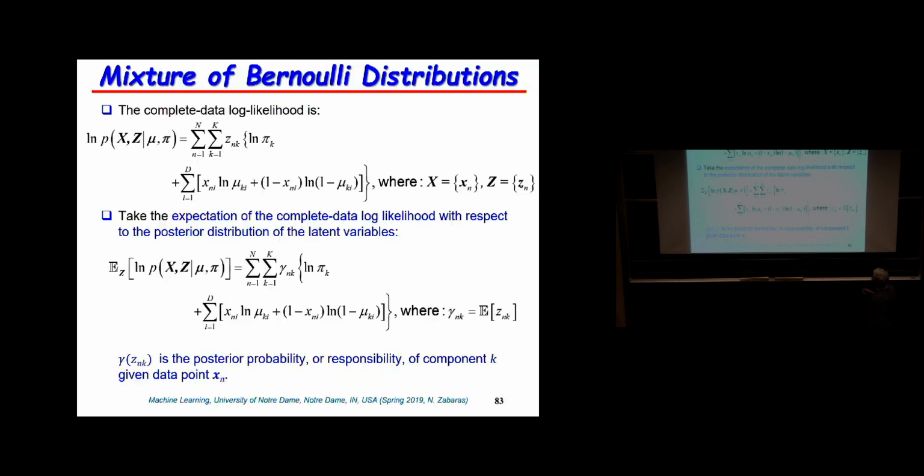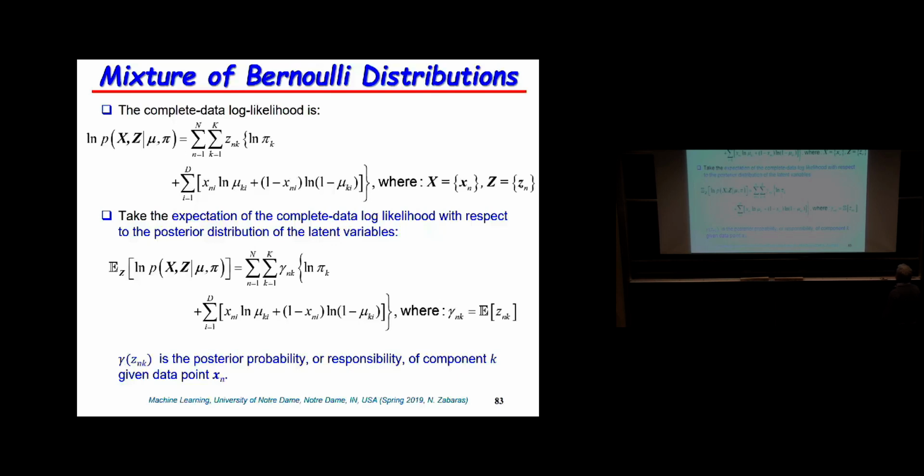These are my data points. These are the clusters that I have. And basically there is a centroid that I have to compute for each of these d variables, right? That's why there is an index i, and for each of the components k.